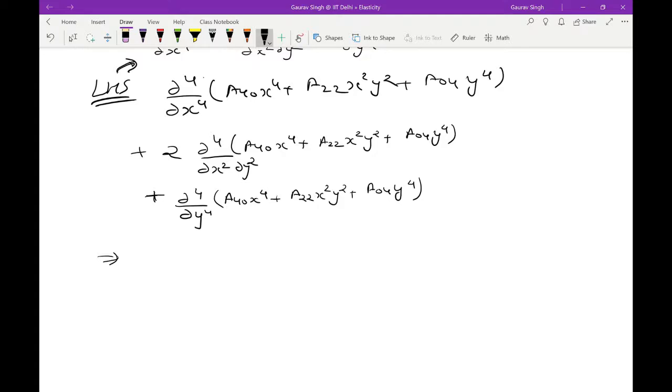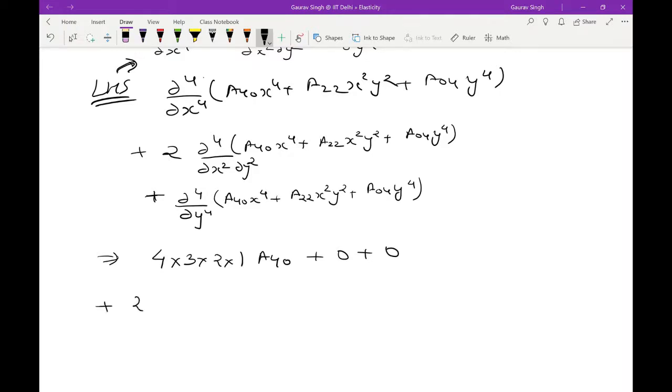So if you differentiate the first term with respect to x four times, we get 4 into 3 into 2 into 1, A40. The second and the third term would give you 0, so I am not writing that.